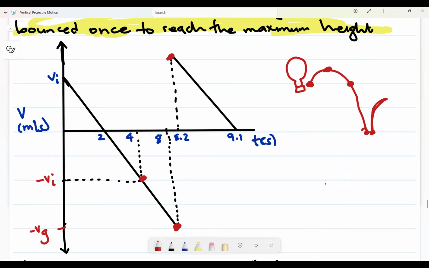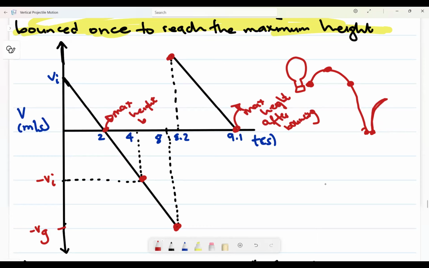Then this point is represented here because now it is moving upward, and as it moves upwards, its velocity is decreasing again. Then it reaches the maximum height again. So these points are the maximum height after bouncing. Very important.